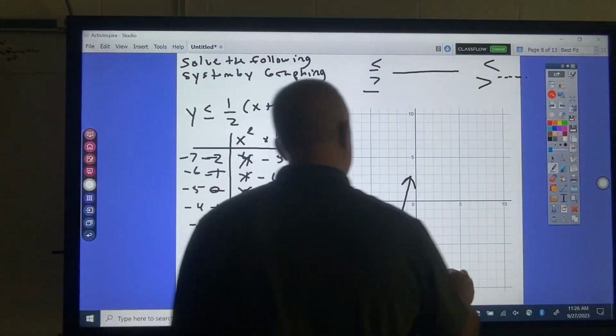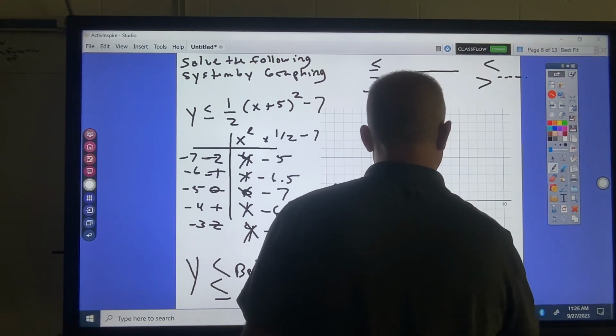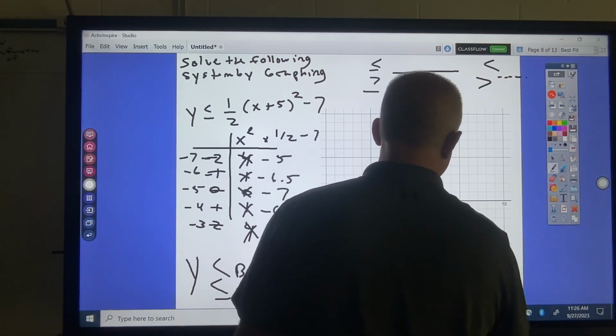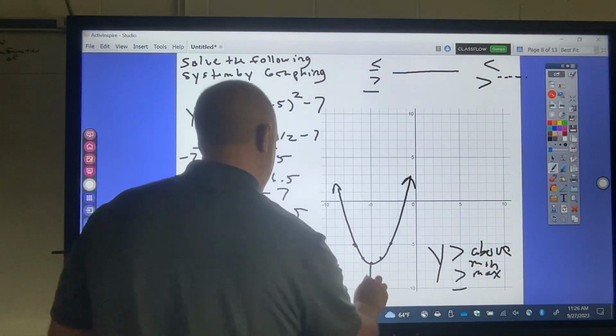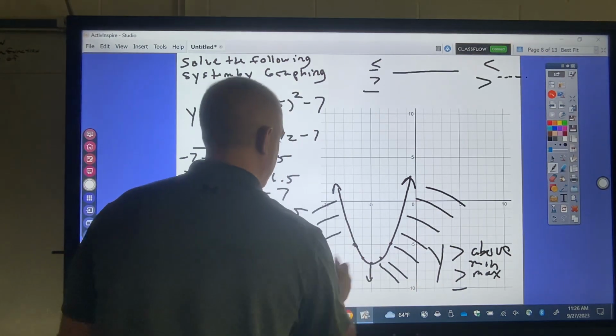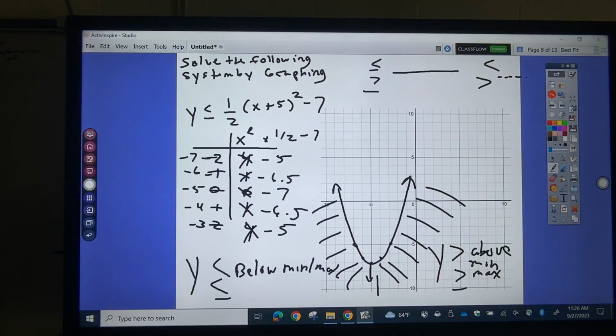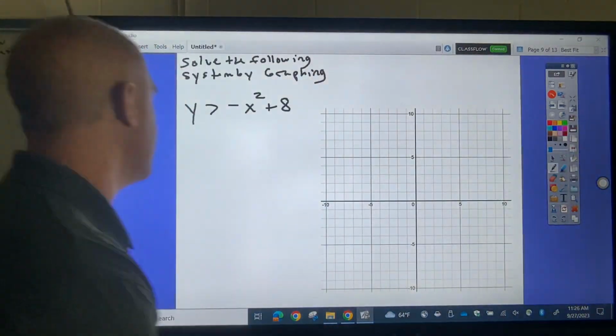If y is greater than or greater than or equal to, you shade above the minimum or maximum. Okay? So in this case, because I got less than, I would want to shade below here. So what this does is it goes all the way out like that. That's how the shading goes. Okay, let's say I have this.